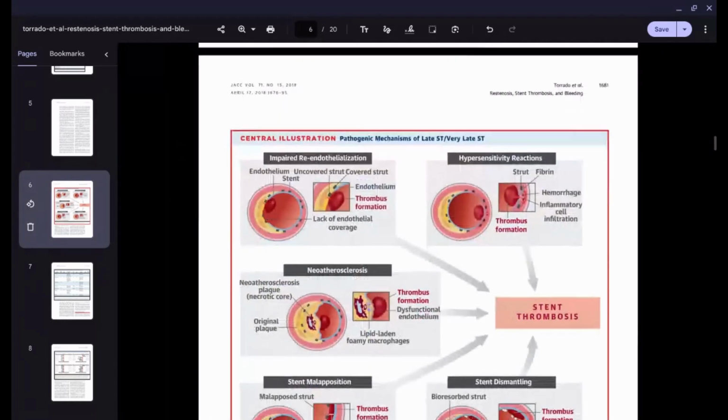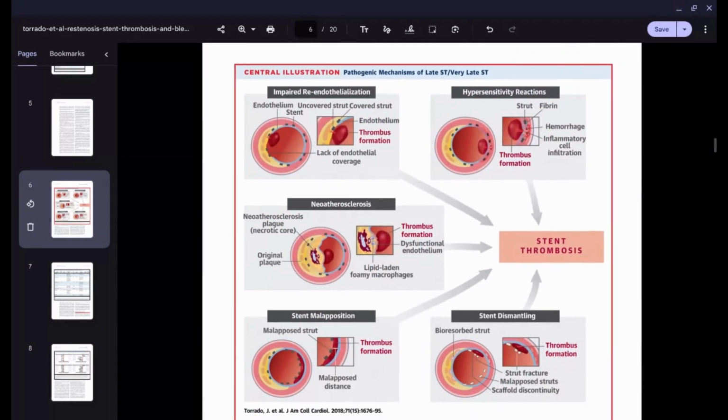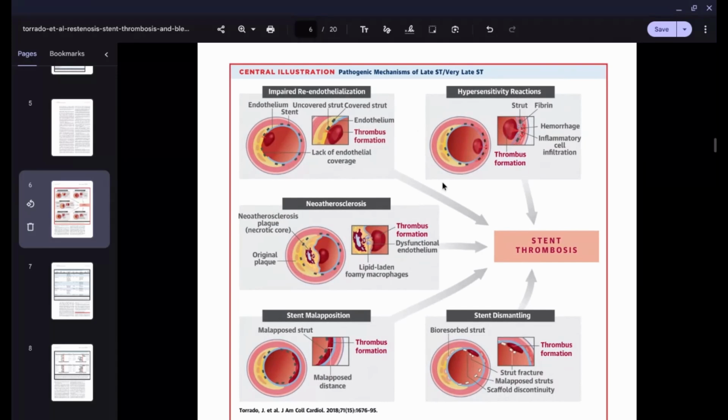So again, one of the questions is, see, notice in this entire paper, so this is all of course about restenosis, but why stenosis? Or what would bring down the hazards of stenosis, right?